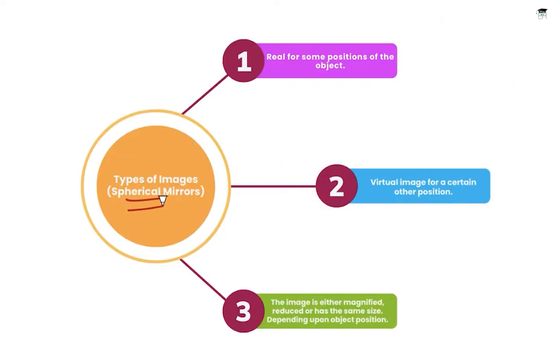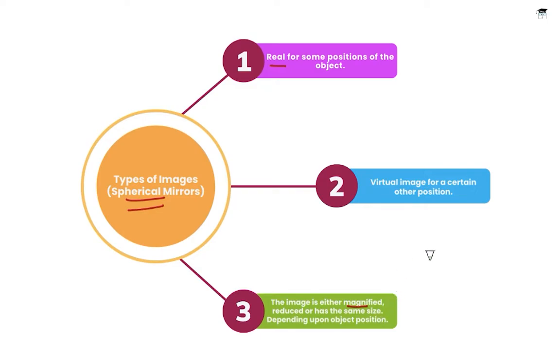So spherical mirrors form real images for some positions of the object in front of the mirror. What are real images? We will study that, don't worry. Next, they also form virtual images for certain other positions, and the image is either magnified, reduced or has the same size depending upon the object position.